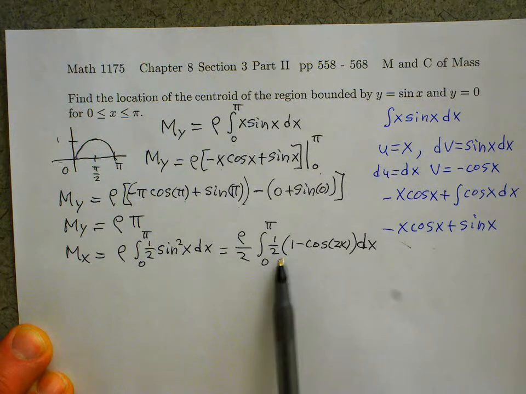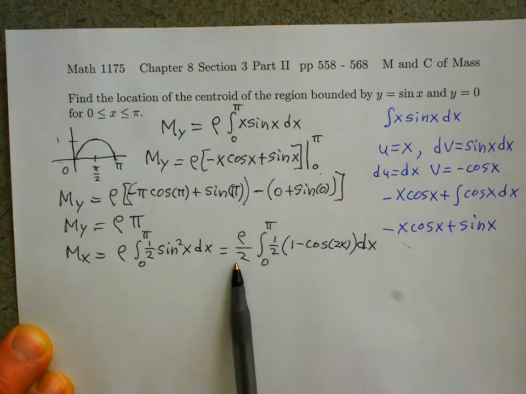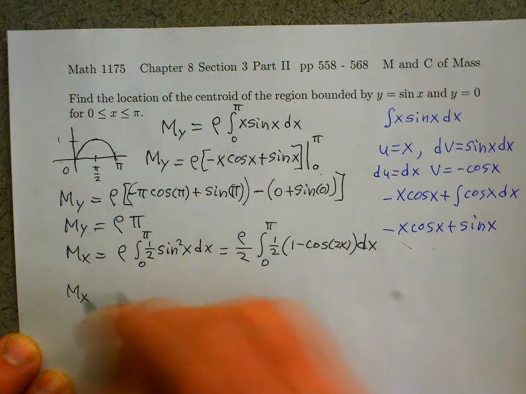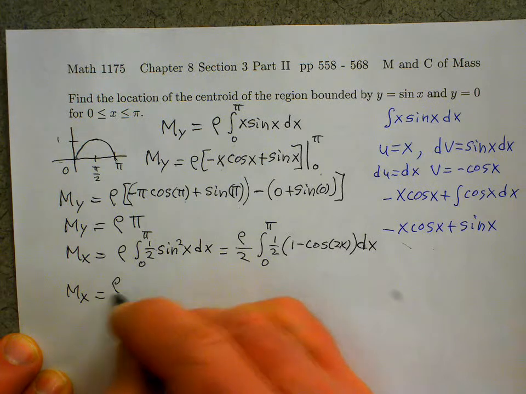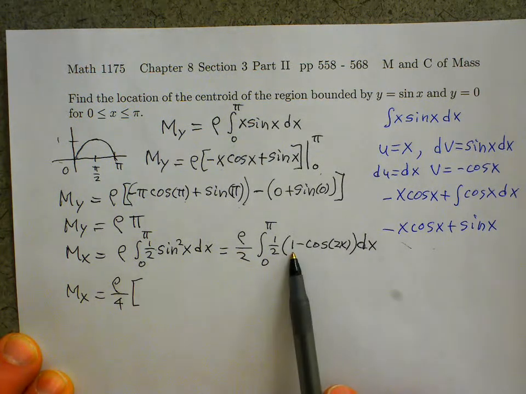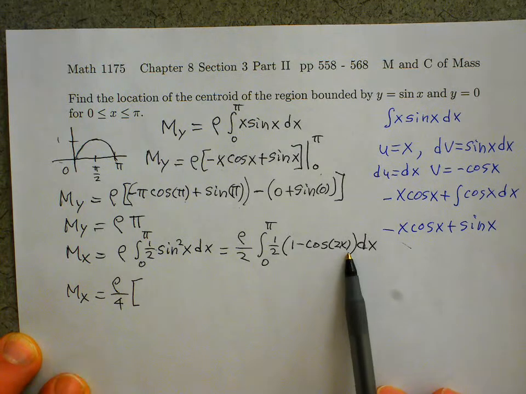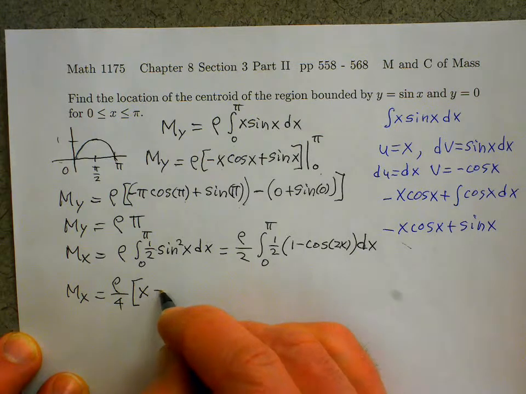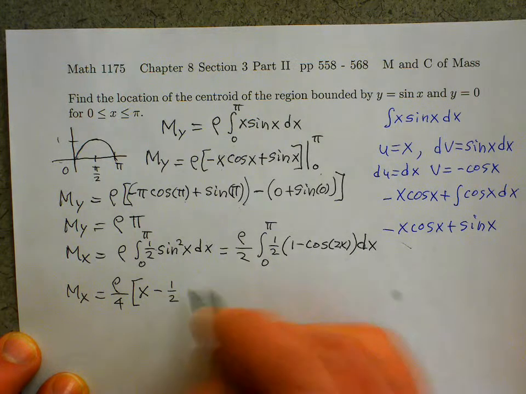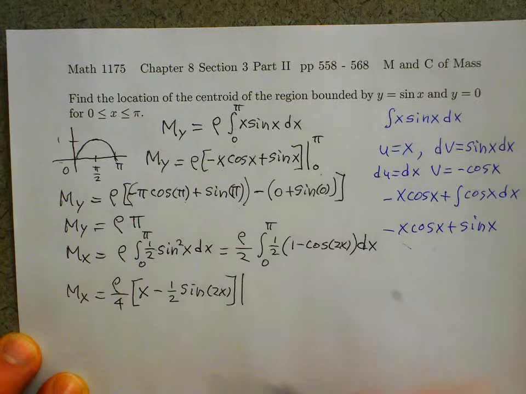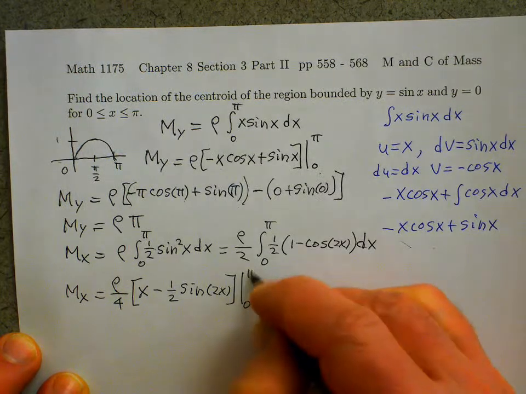Okay, so in the next part, I'll multiply rho divided by 2 times 1/2. So we get rho divided by 4. And then an antiderivative of 1 minus cosine of 2x is x minus 1/2 sine of 2x. And then we're going to evaluate that from 0 to pi.